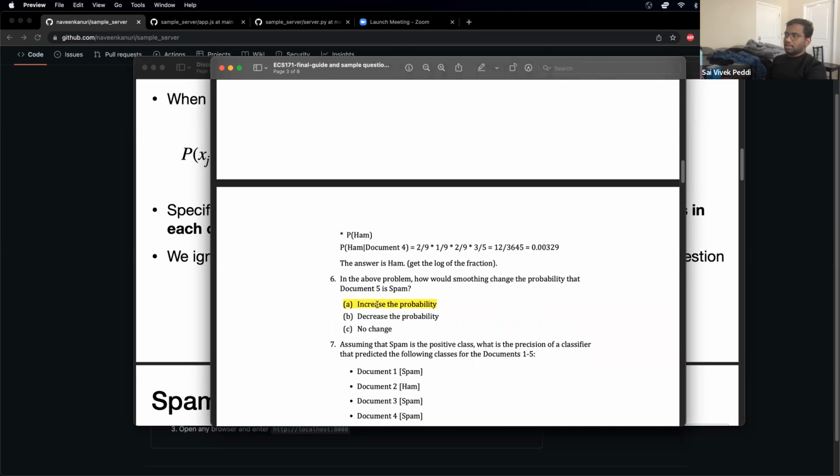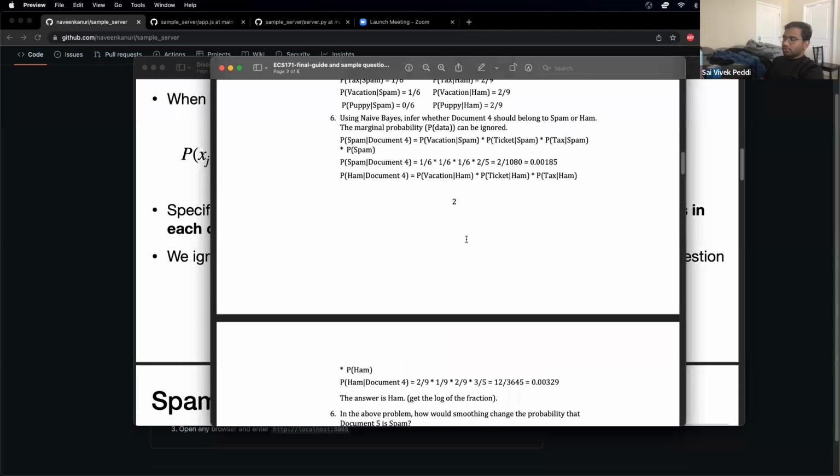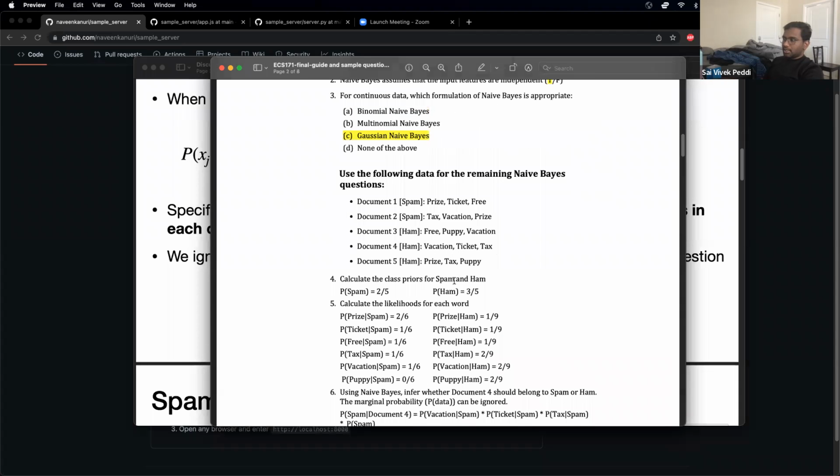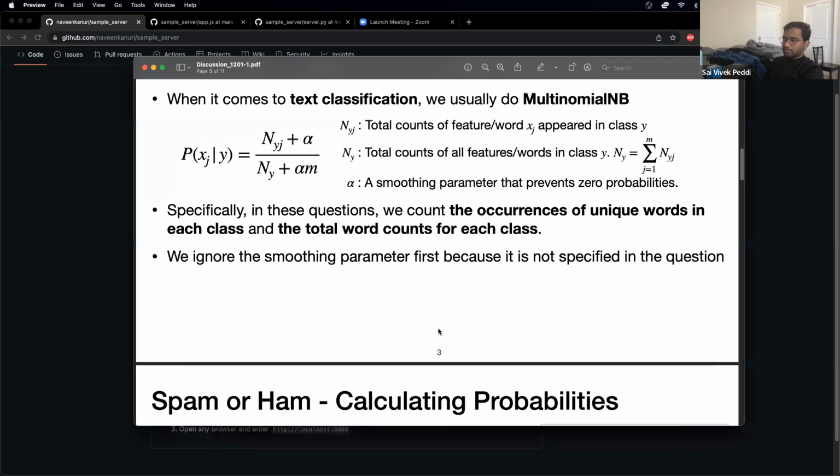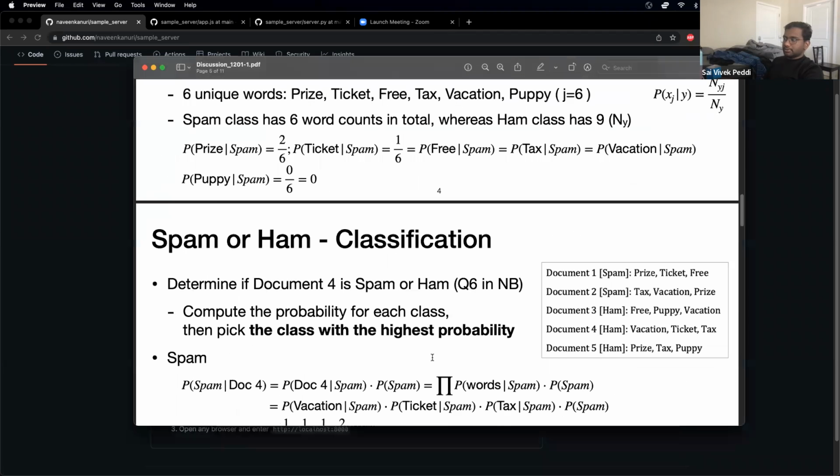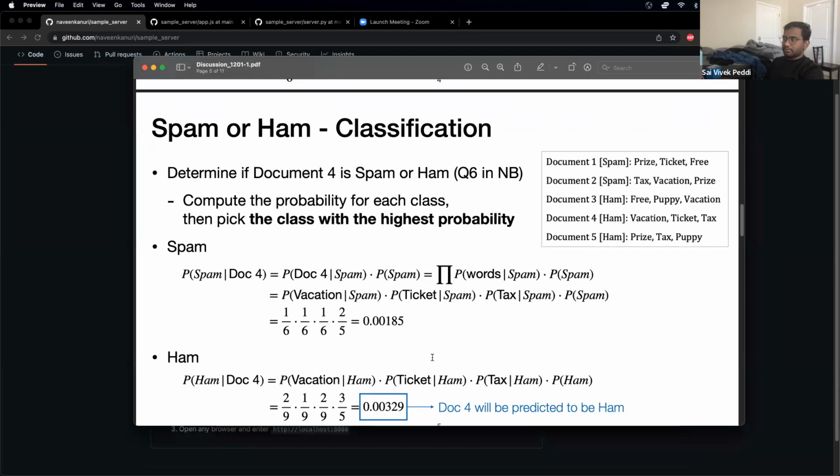Now, in the above problem, how would smoothing change the probability that document 5 is spam? So the next question was how will you classify document 5, right? If we take document 5, we have price, tax, and puppy. Now I can just use what we have here.